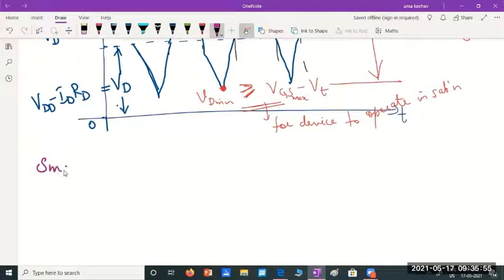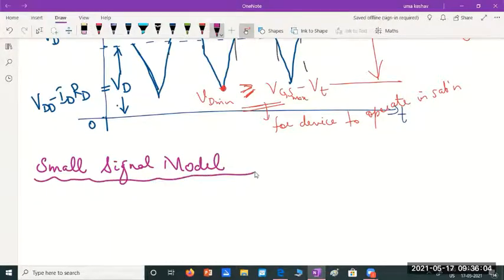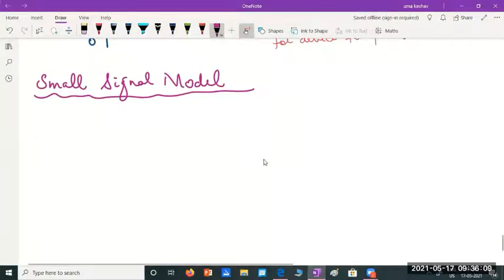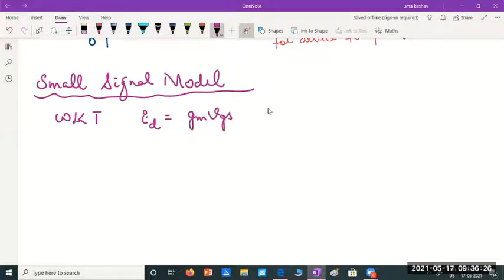So if there are no other problems, let us write the small signal model. We have derived two important parameters. One is the transconductance, where we have related, we know that ID, what was the expression we wrote for ID? ID is equal to GM into VGS.